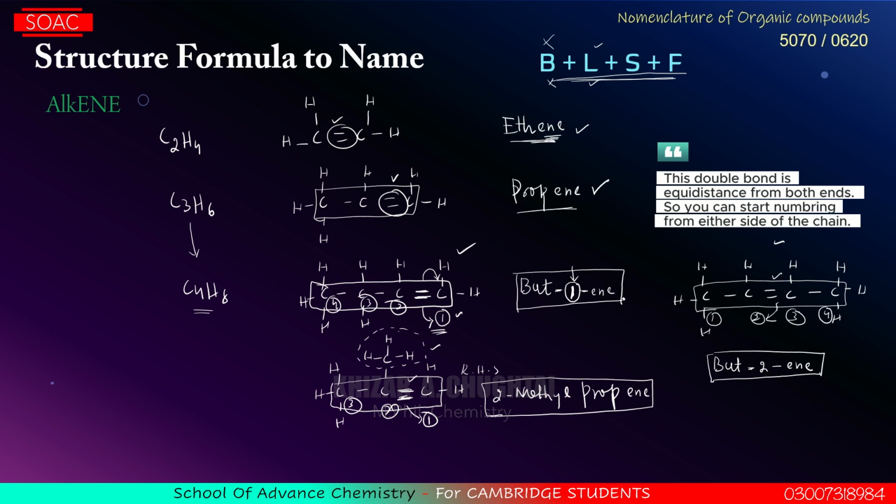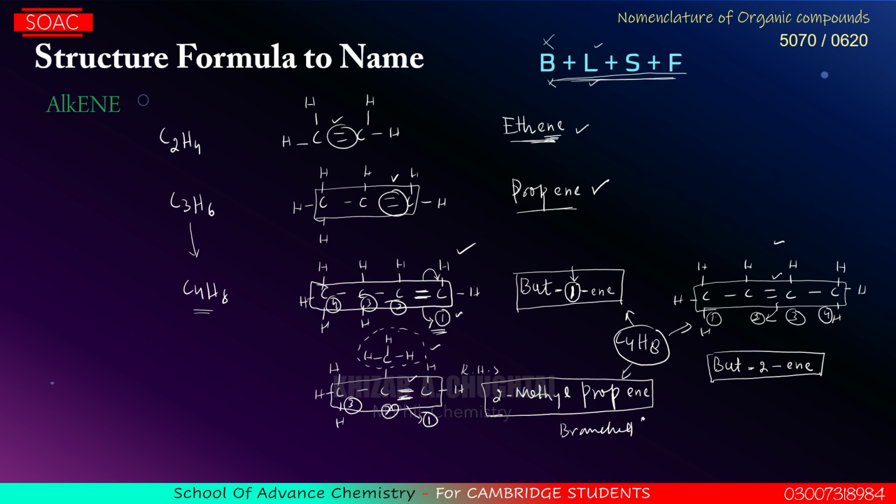These all have the C4H8 molecular formula. This one is said to be a branched structure, and these two are called unbranched structures.